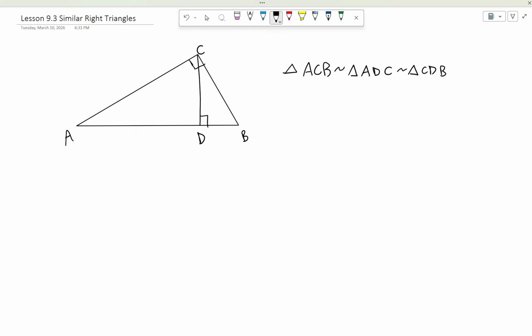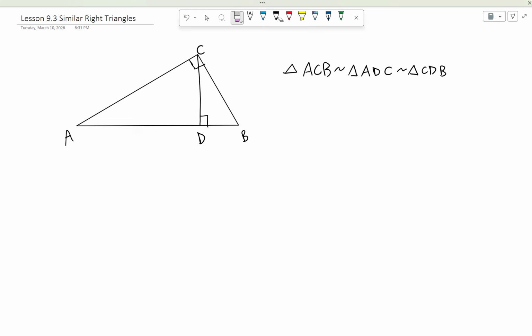Now ADC: let's talk about how it's similar to the first one, ACB. We have the right angle and the right angle, and then we have this reflexive angle, which is angle B. So we have our two congruent parts through angle-angle.